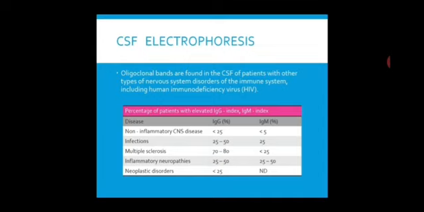In multiple sclerosis disease, there is a high percentage, 70 to 80%, of patients with elevated IgG and less than 25% with elevated IgM. The last one is neoplastic disorders. There are less than 25% of patients with elevated IgG and the IgM is not determined.